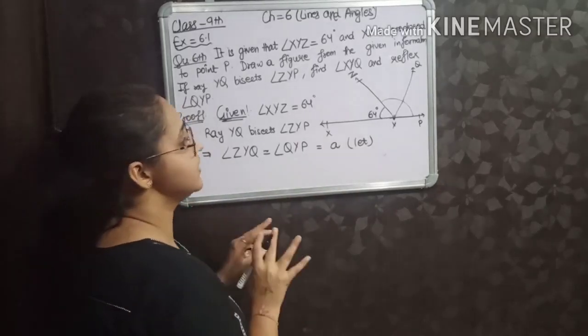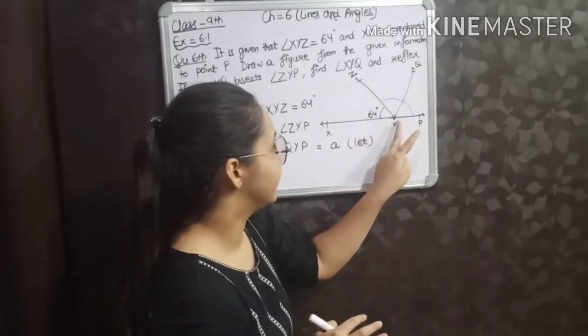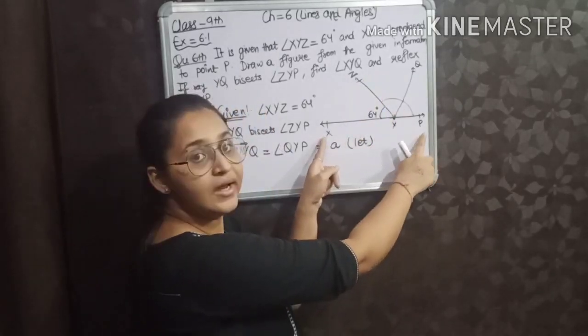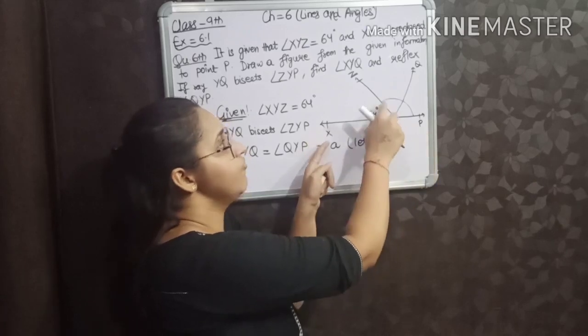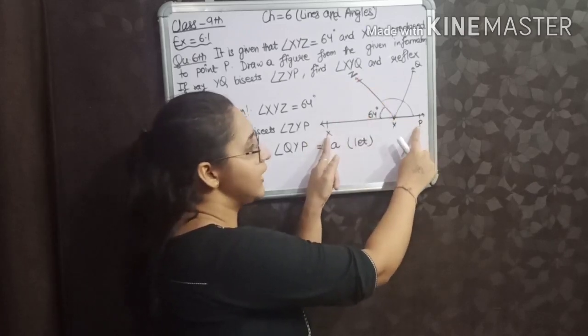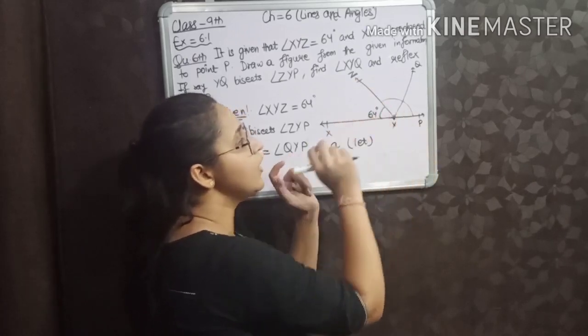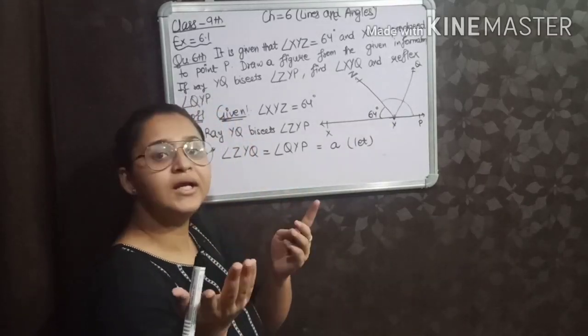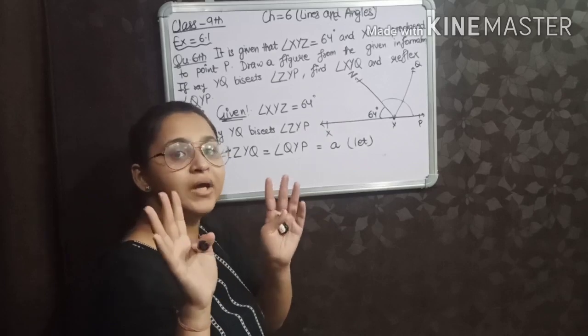Now you see ray YZ stands on a line XP, and these are two adjacent angles. So the sum of these two adjacent angles is 180 degrees by linear pair axiom.